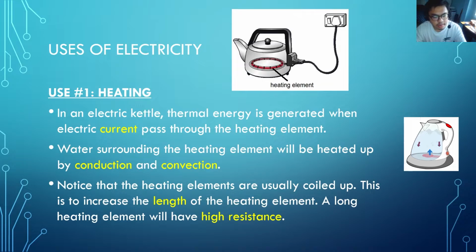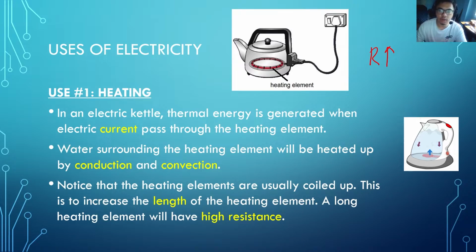Notice that the heating elements are usually coiled up. This is to increase the length of the heating element. A long heating element will have a high resistance. So we pick nichrome because it's a material with high resistivity, and we want a component that has as large a resistance as we can.